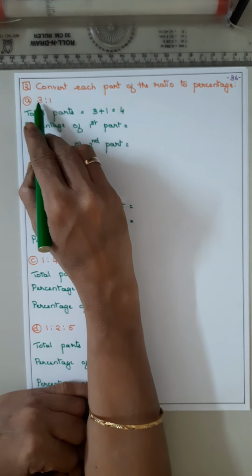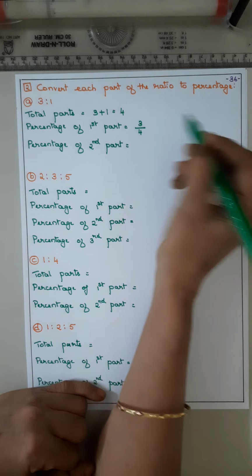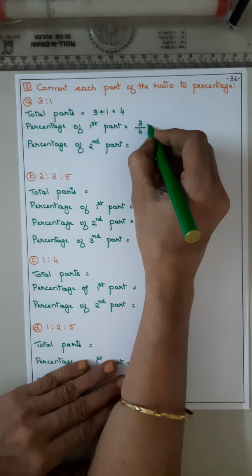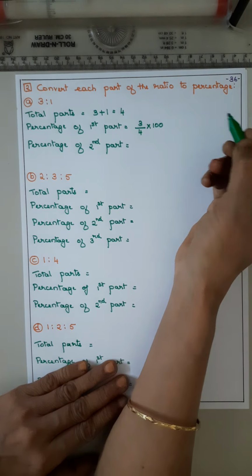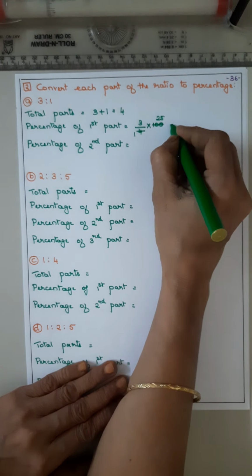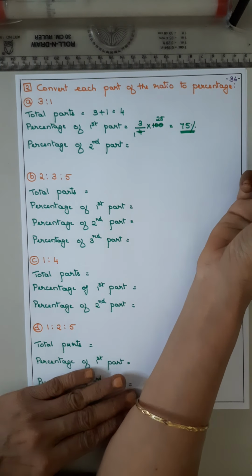Now percentage of first part. First part, what is the part? It is 3/4. You get the fraction 3 out of 4, and to convert into percentage, multiply by 100. 4 1s are 4, 25 3s are 75%.